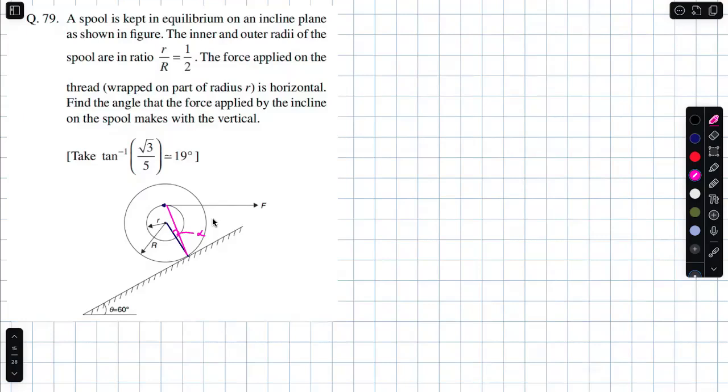Next, for equilibrium, remember, you will experience the weight force also here, mg.